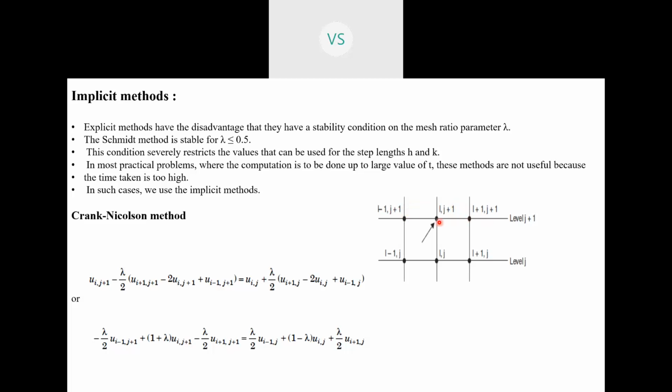When we consider these neighboring nodes in the formula, their values are unknown, so it will give you different equations, and you have to solve those equations simultaneously to obtain the values. This is the implicit method: when finding the solution at a nodal point, the other nodal points at the same level are also considered.